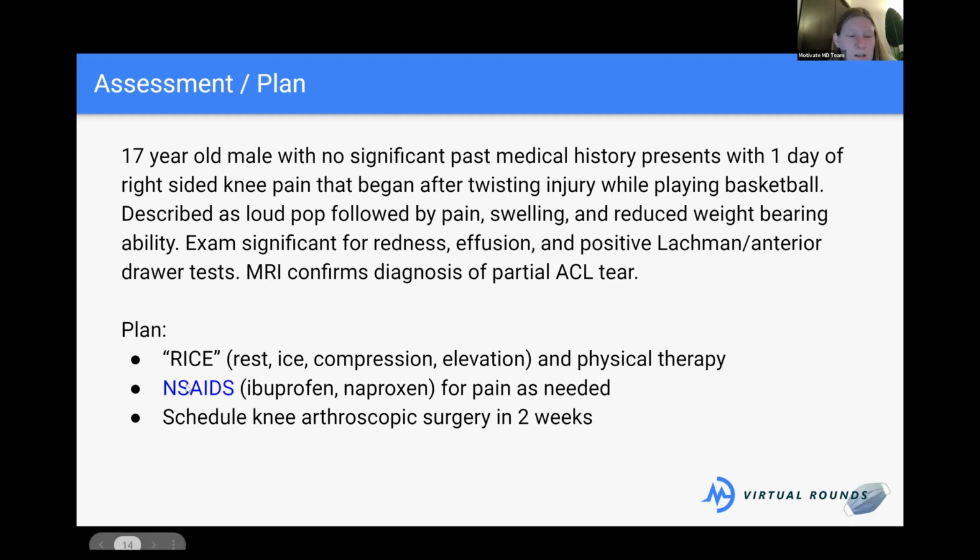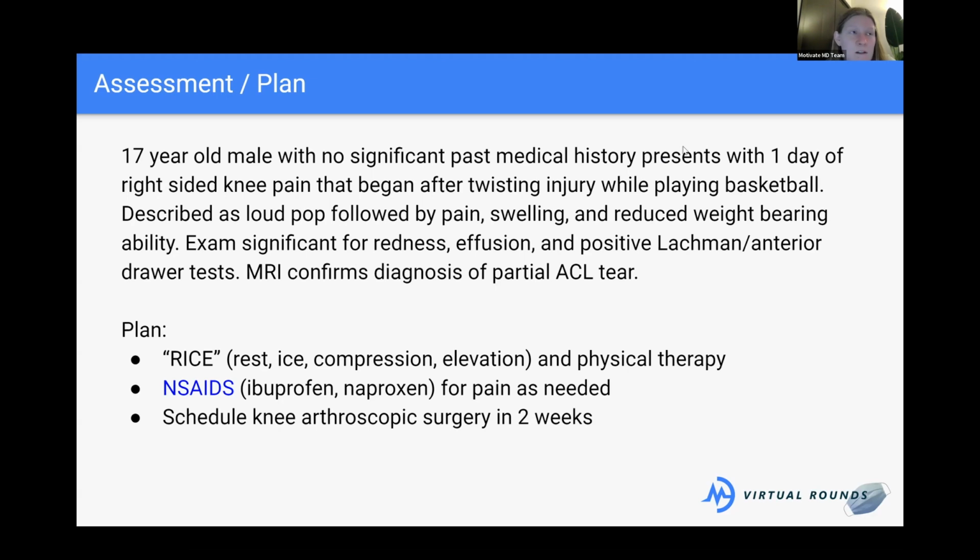But just know that this is the first line treatment that we have for pain for patients with these types of injuries. And then lastly, this one's a plus or minus depending on the patient and their unique situation, their age, their overall health, and their lifestyle, whether they get a surgical repair or not.